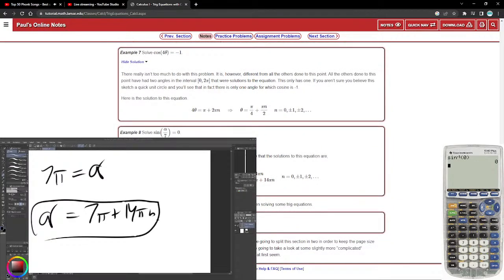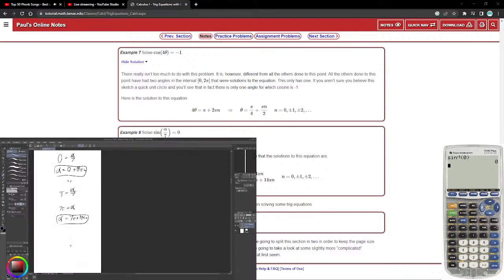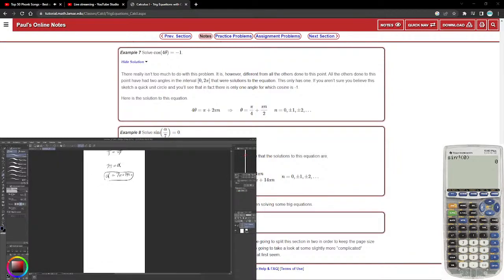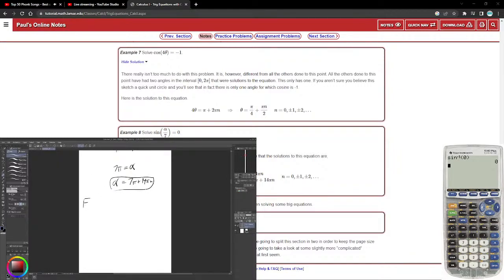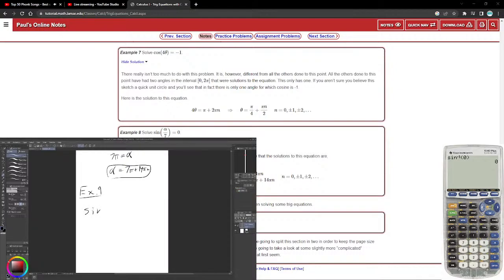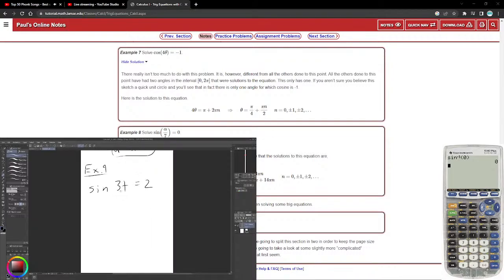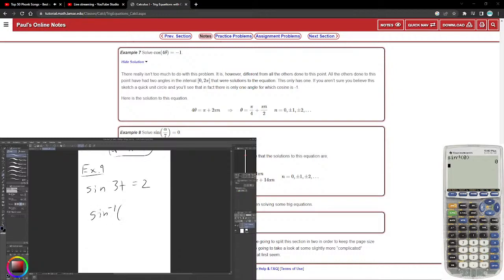The next example has an important point that needs to be understood when solving some trig equations. So this is example 9. Sine 3t equals 2. So inverse sine of 2 equals 3t.